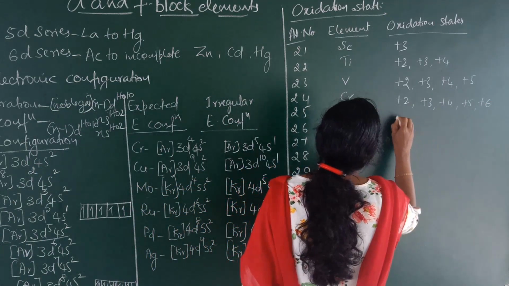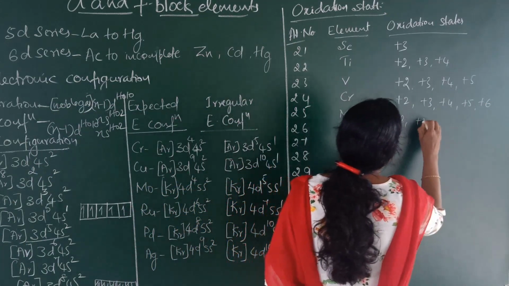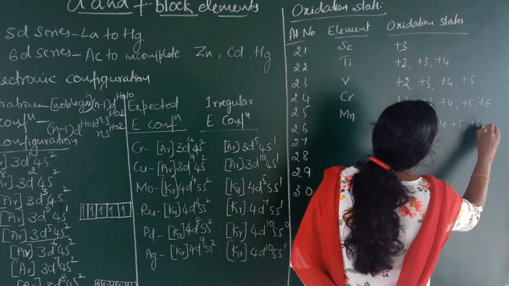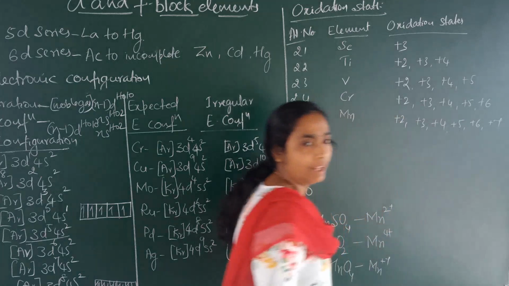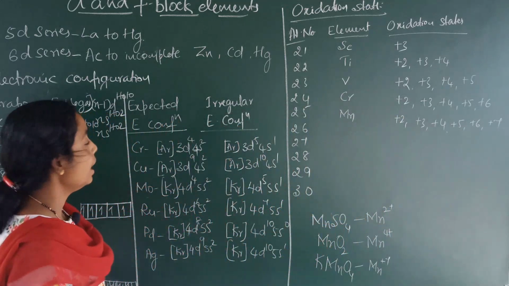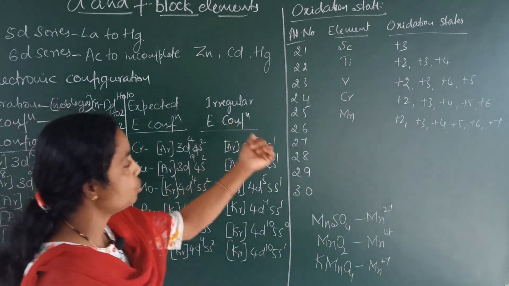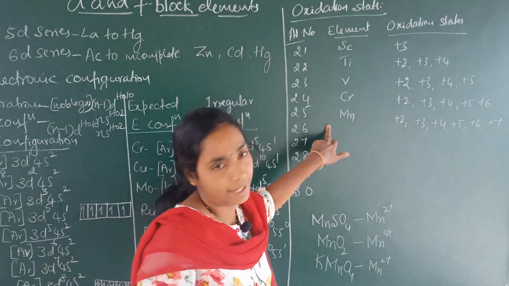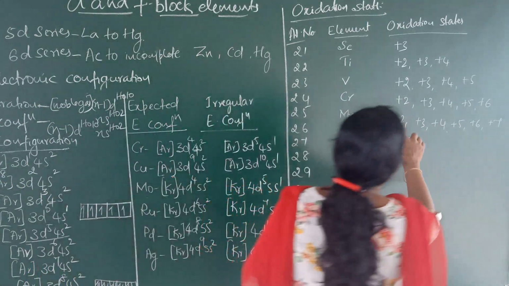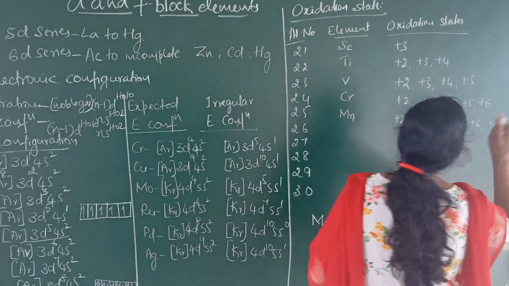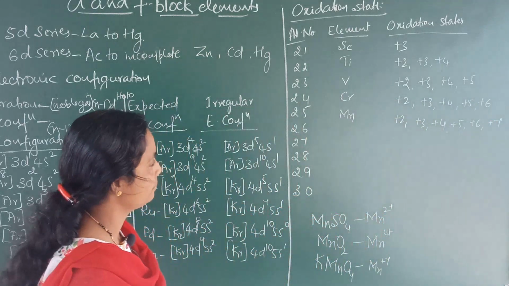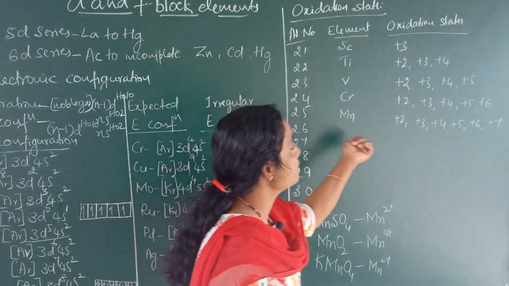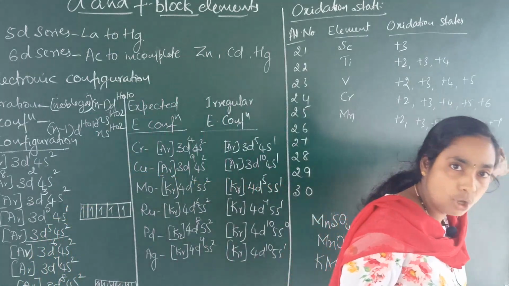Manganese shows +2, +3, +4, +5, +6 and +7 oxidation states. The 3D series element which shows the maximum number of oxidation states is manganese. It shows 1, 2, 3, 4, 5, 6 oxidation states, and the maximum oxidation state shown by this 3D series element is also manganese.